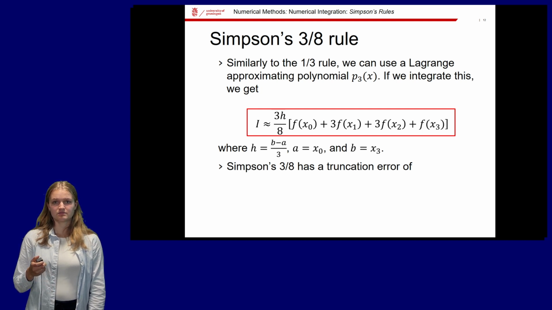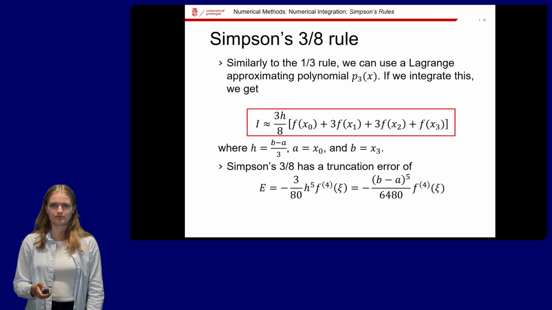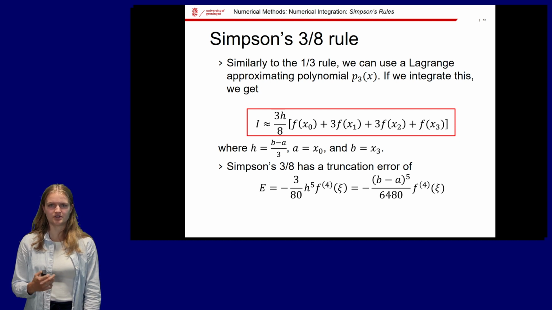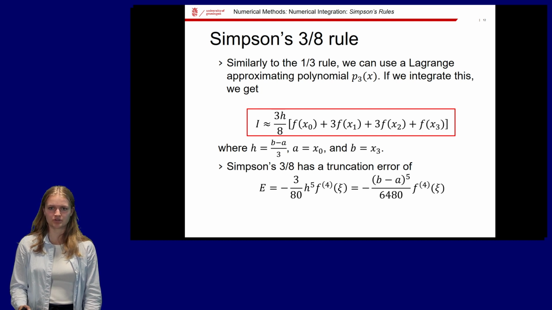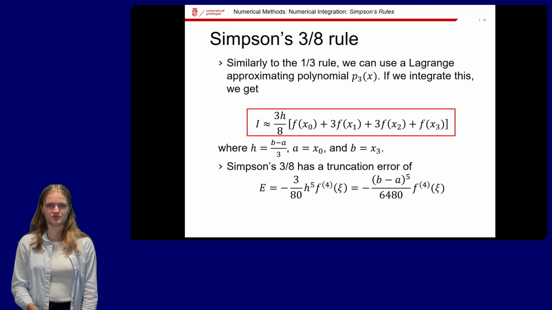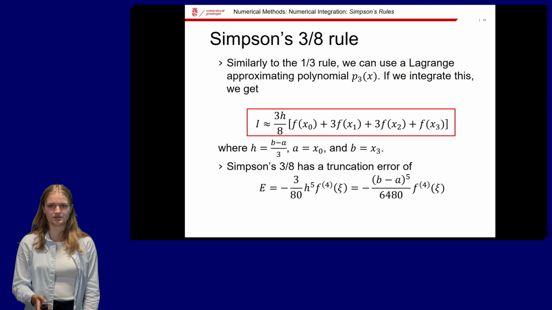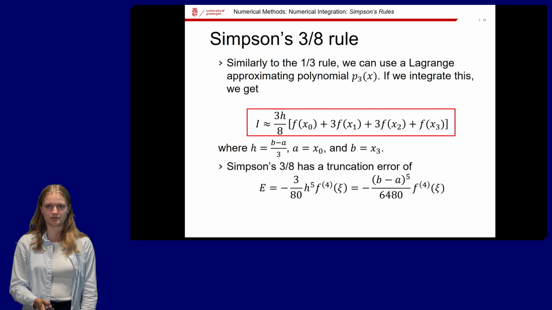The Simpson's 3/8 rule has a local truncation error that is given by this expression. So e is minus 3 over 80 times h to the fifth times this fourth derivative of f of xi for some xi on this interval from a to b. And again, we can substitute the expression for h into that to get the error in terms of b and a.